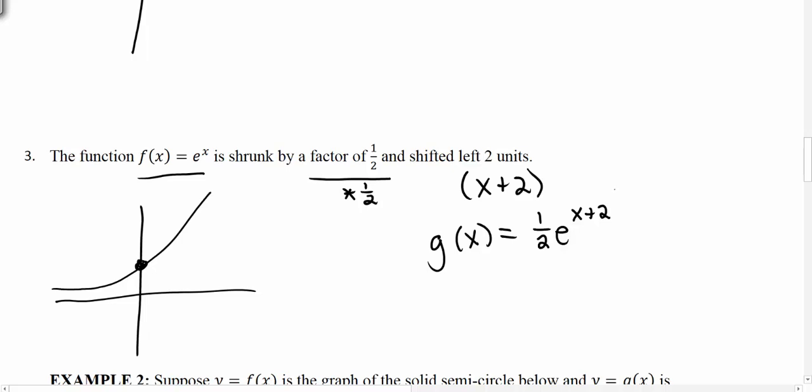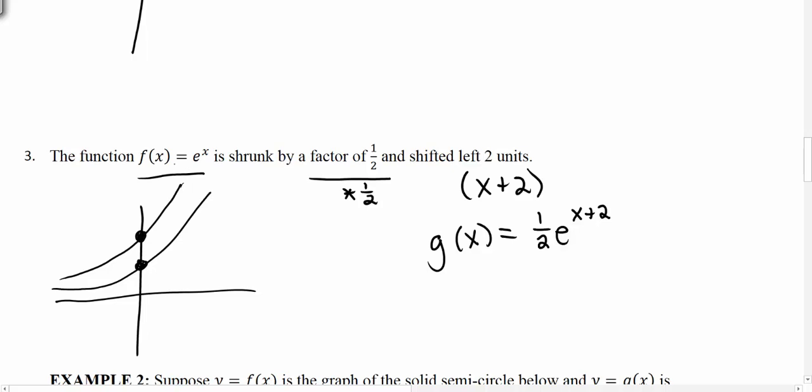So even though the 1/2 is going to shrink everything by half, so things are only going up half as high as we go through what's happening here, the shifting left 2 units is going to cause our graph to cross through at a higher point. So this graph actually ends up looking like this.